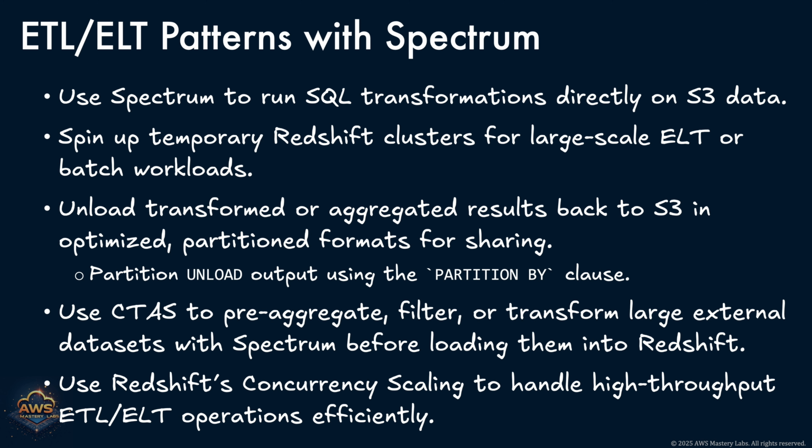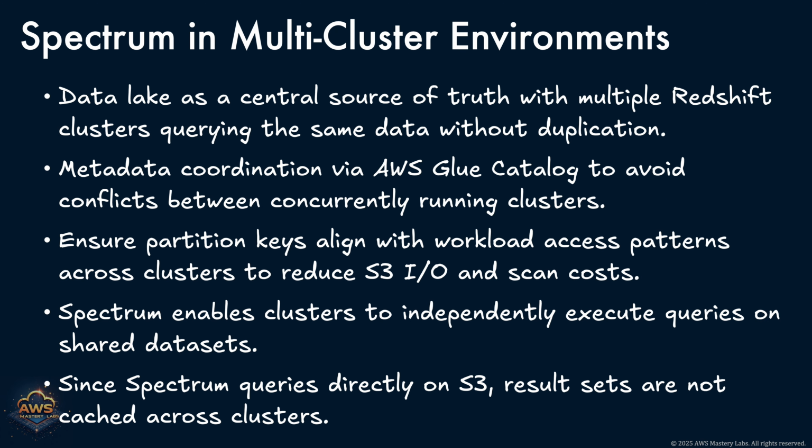One of the most transformative capabilities of Redshift Spectrum is its ability to decouple compute and storage at scale. This is especially valuable for multi-cluster patterns, such as isolating dev, test, and production environments, supporting both analytics and machine learning workloads, or providing departmental autonomy without duplicating data.